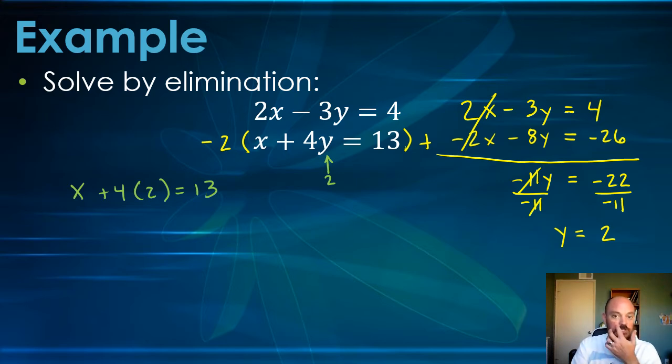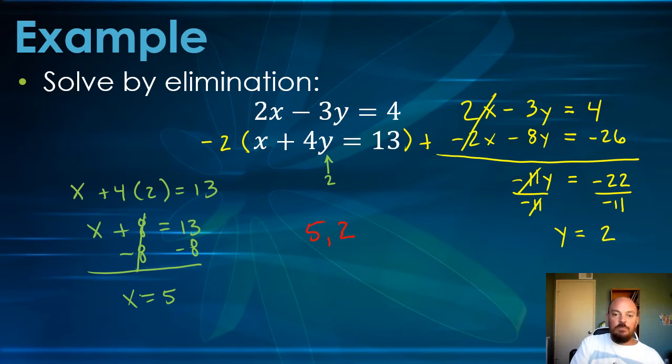I took that bottom equation, substituted 2 for y. 4 times 2 is 8. So I get x plus 8 equals 13. And then I only have one step left. To finish solving for x, I just subtract 8 from each side. And x equals 5. So final answer is always x first and then y. 5, 2. We'll write it as a point.